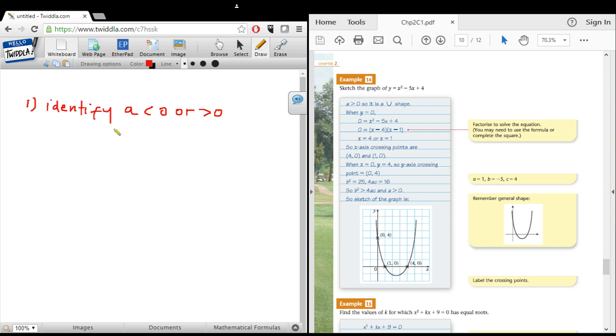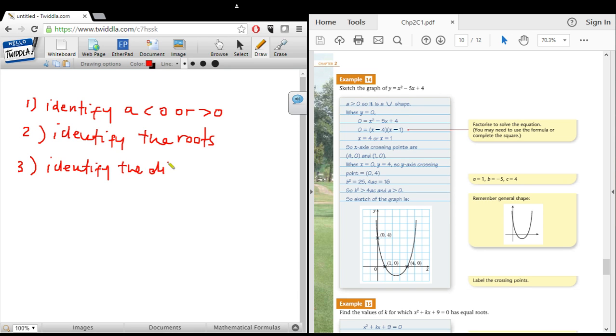You can do whichever way you want. And then number 2, they identify the roots. And then number 3, identify the discriminant.